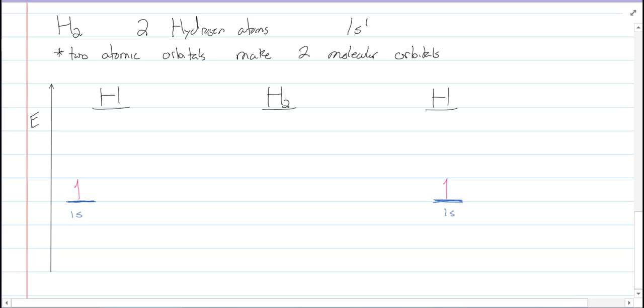When they mix, the wave can be going up or the wave can be going down. So when these two atomic orbitals mix, there's a mixing that's in phase and a mixing that's out of phase. Like a sin X and a sin X, and a sin X minus sin X, so to speak.